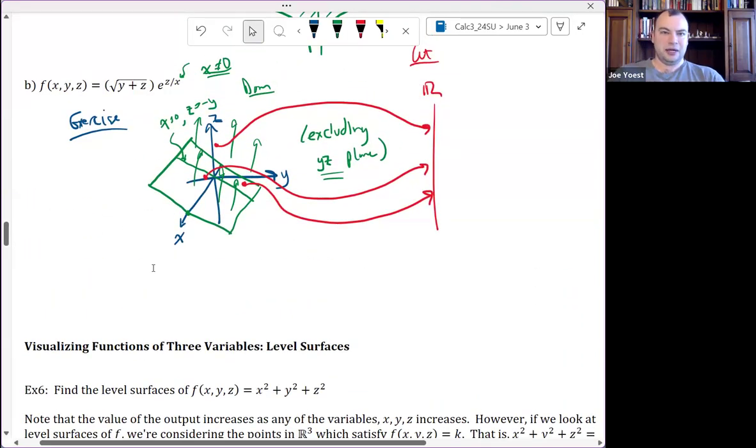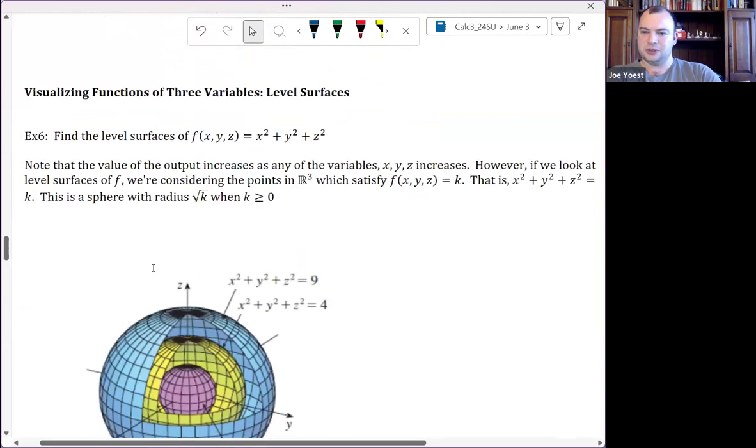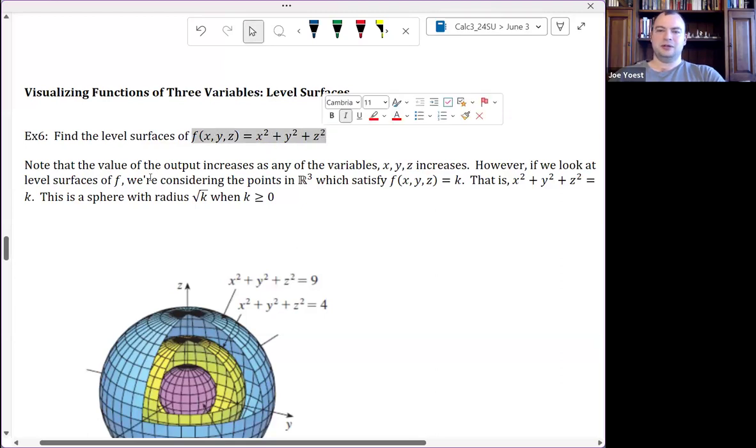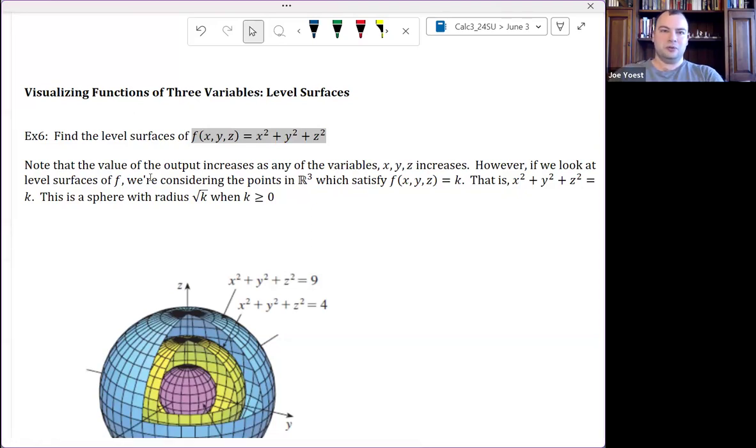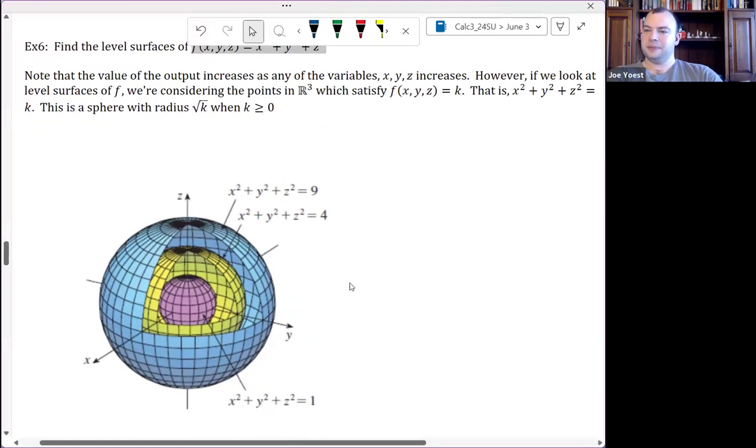So the domain consists of some surfaces, and we're trying to find level surfaces. We're trying to ask when, for my function of 3 variables or 3 inputs, when is that output constant? Over which surfaces is that output a constant number? Drawing several such surfaces and labeling each of them with their value, with their output.